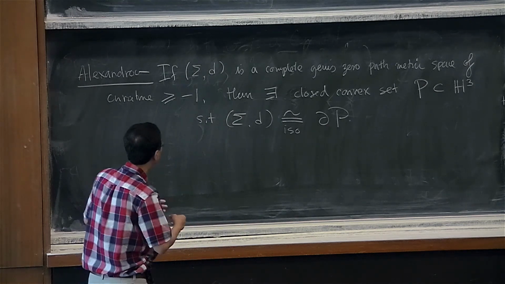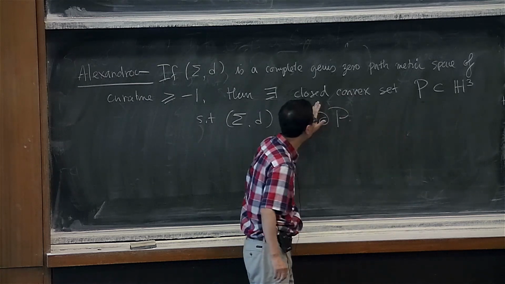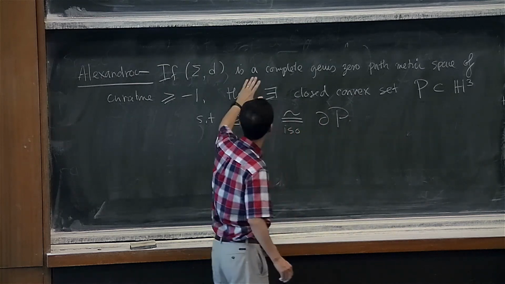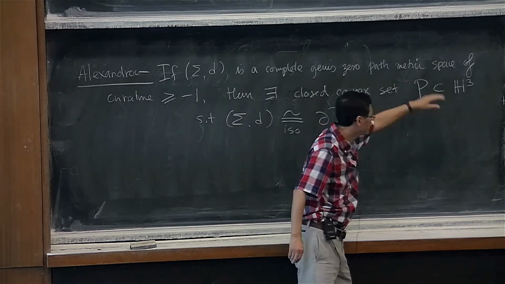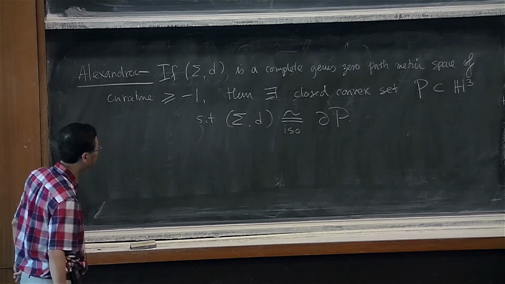So take any closed convex set in hyperbolic space, look at the boundary, it's going to be a complete genus 0 path metric space of curvature at least -1. That's convexity. And he proved the other way around is true.